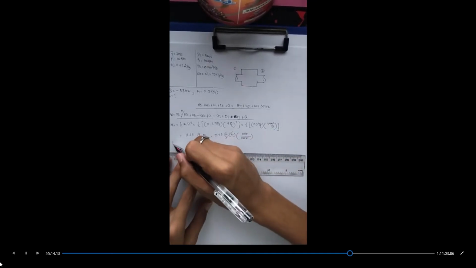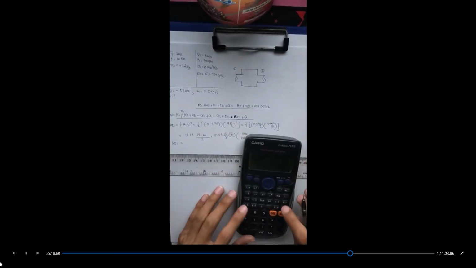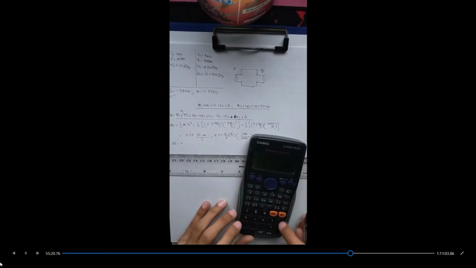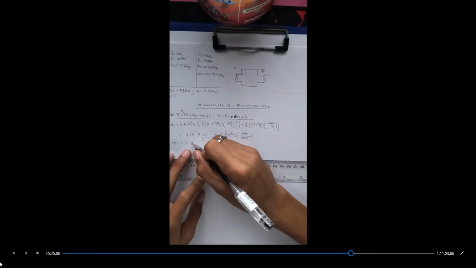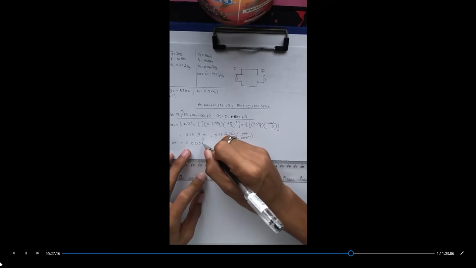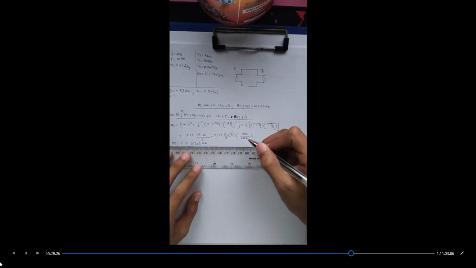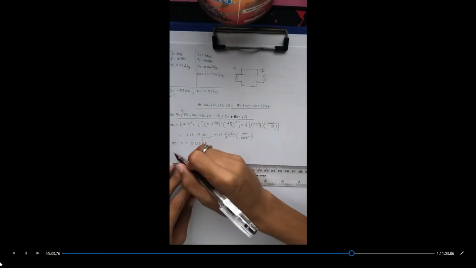So the remaining unit, my kinetic energy 1, will be in kilowatts. So 12.25 divided by 1000, that is 0.01225 kilowatts.